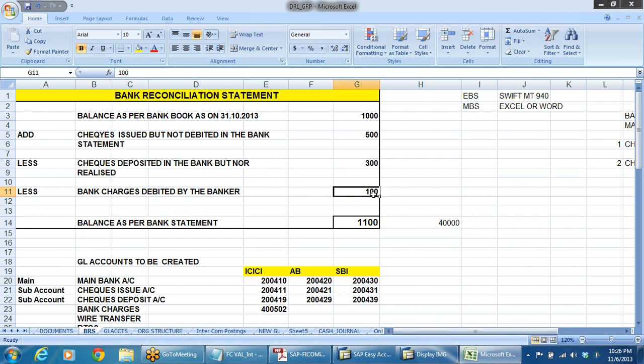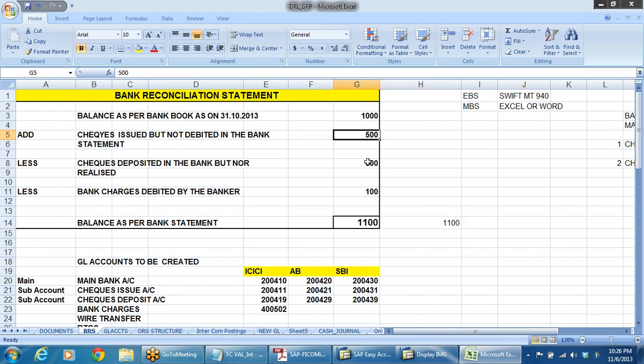Here the banker has sent me a statement stating that this is your balance, that is 1100. Now I have to find why there's a difference, because as per my books it is only 1000, so how is it 1100?